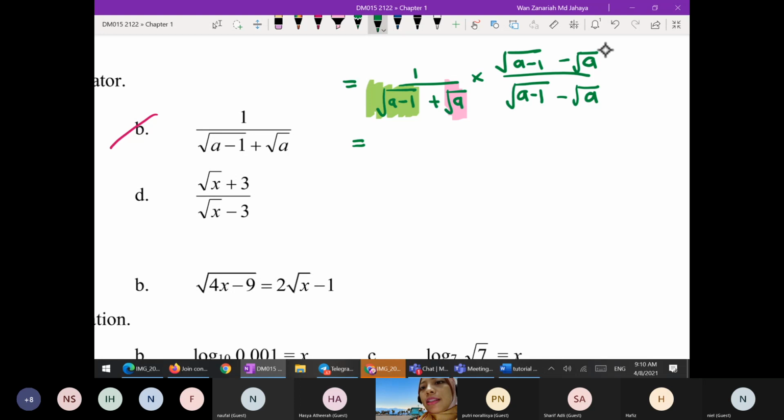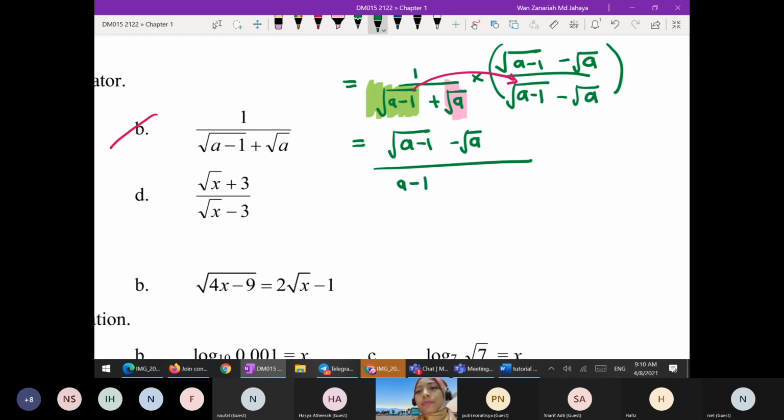So 1 basically times with this A minus 1 minus set A, over. Ini dengan ini. So set U times set U, so tinggal U. What is your U? A minus 1. Clear?